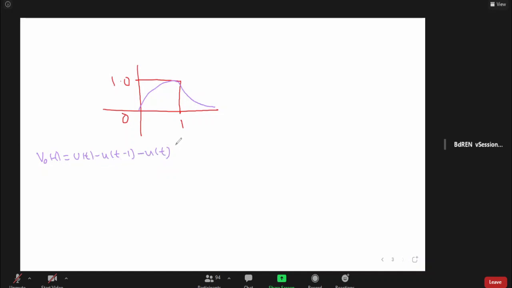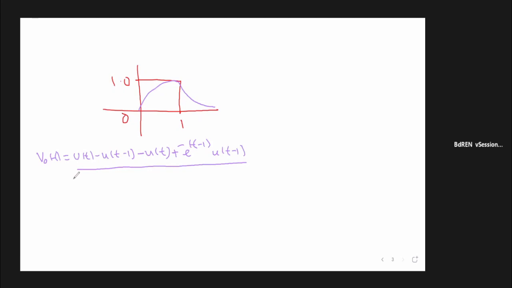ut minus 1 minus ut plus e to the power minus (t minus 1) u(t minus 1). This is the equation we obtain. For example, if you plot ut, how will ut look? Ut is a unit step, isn't it?